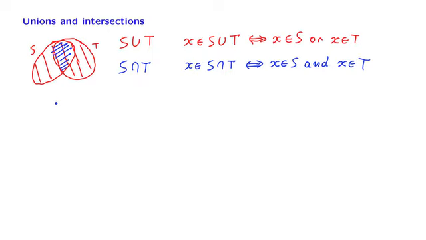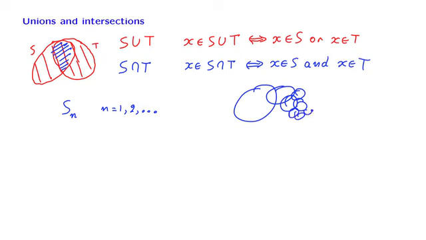By the way, we can also define unions and intersections of more than two sets, even of infinitely many sets. So suppose that we have an infinite collection of sets. Let's denote them by Sn, where n ranges over, let's say, all the positive integers. Pictorially, you might think of having one set, another set, a third set, a fourth set, and so on, and we have an infinite collection of such sets.